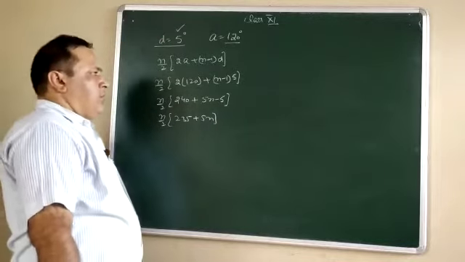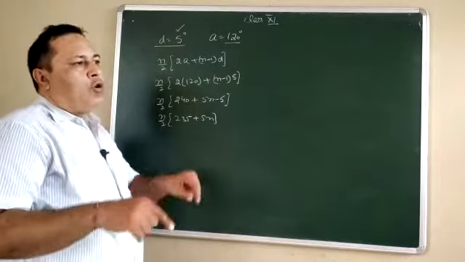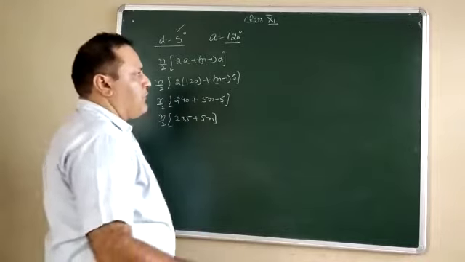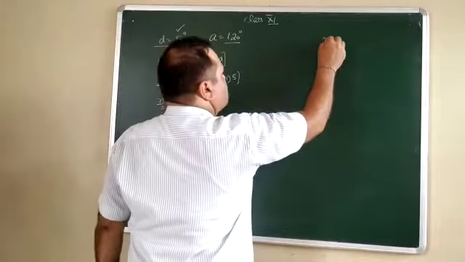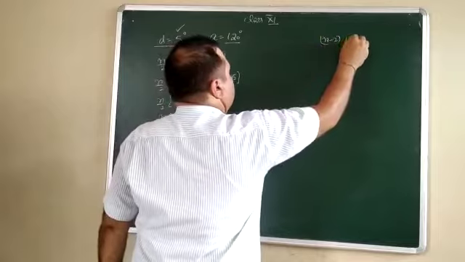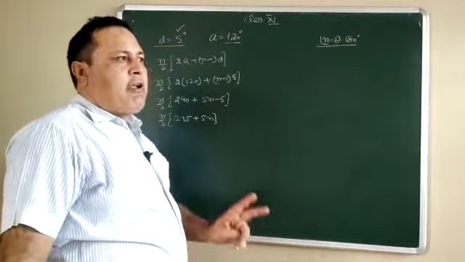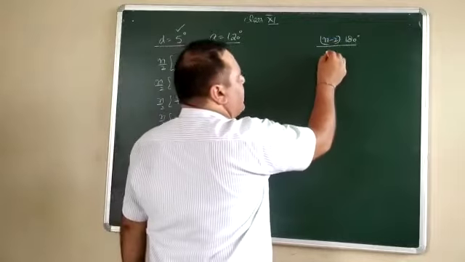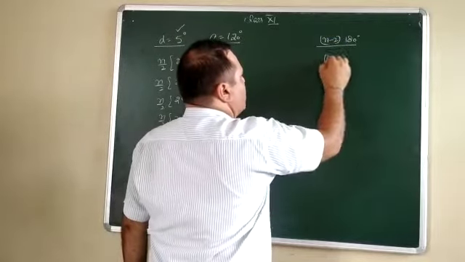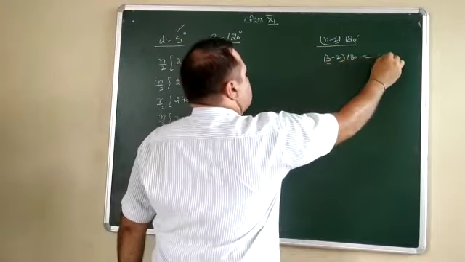But there is one more formula for the angles of a closed figure. The formula is n minus 2 into 180 degrees. You can check it. If it is a triangle, it has 3 sides, then 3 minus 2 into 180 is 180.